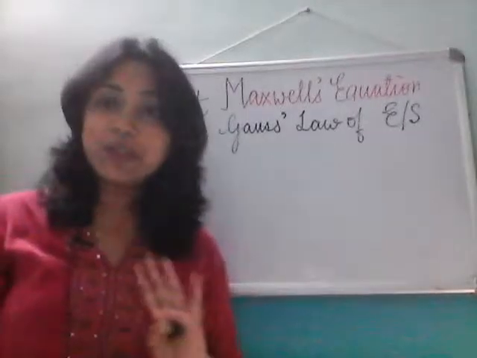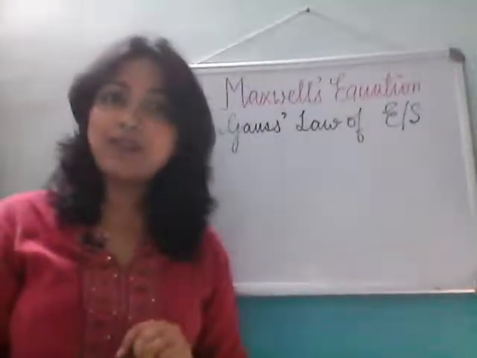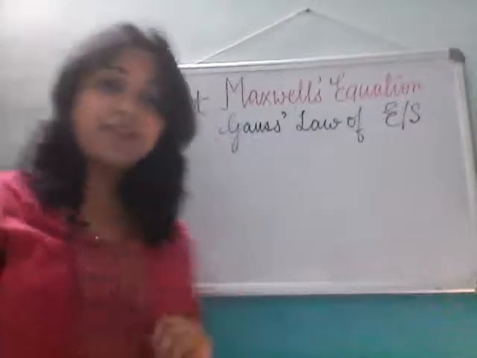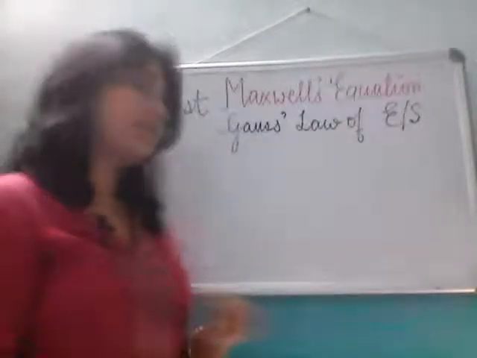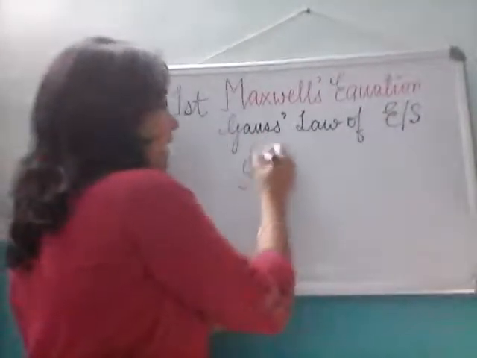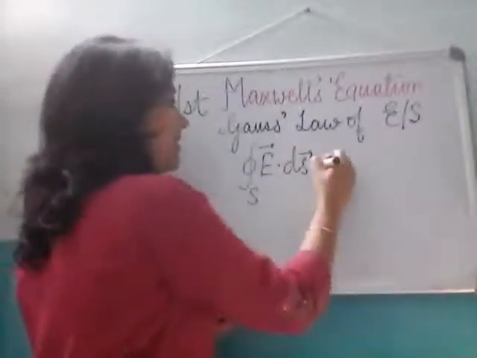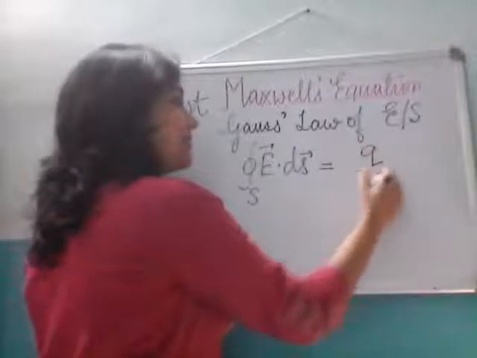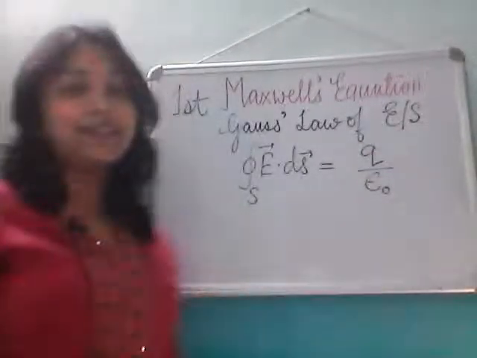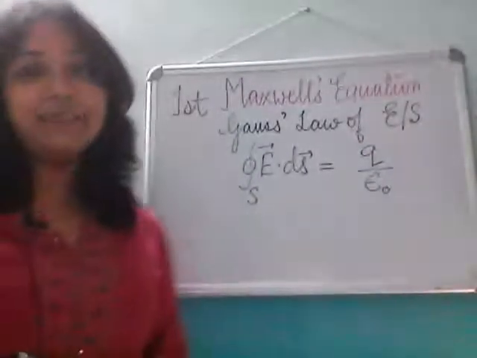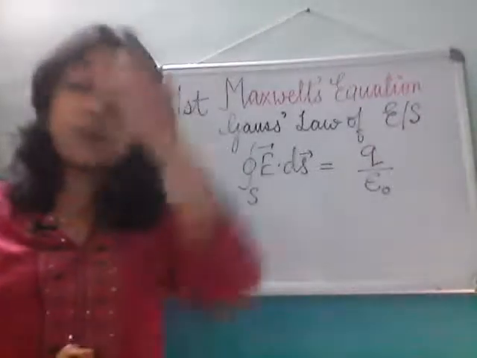Now, something must be coming into your mind: what does Gauss's law of electrostatics say? Let me first write it down and then we will discuss. We write the Gauss's law of electrostatics like this. I know when I am writing this, you all are remembering Gauss's theorem, Gauss's law.